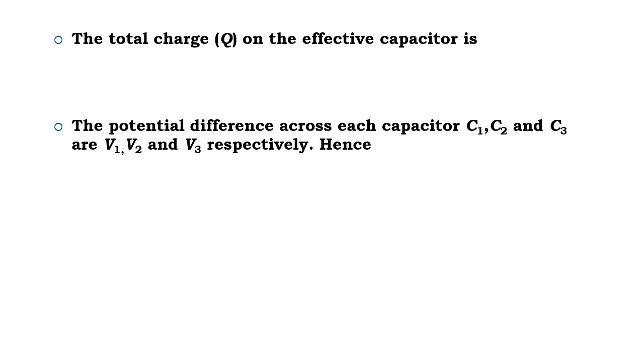The total charge of the effective capacitor is equal to Q. Q, or sometimes we use Q effective or Q total, equals Q1, Q1 equals Q2, and Q2 also equals Q3. This means all the charges have the same value.